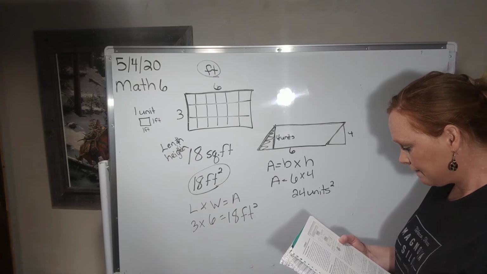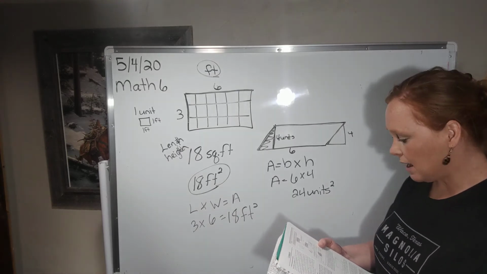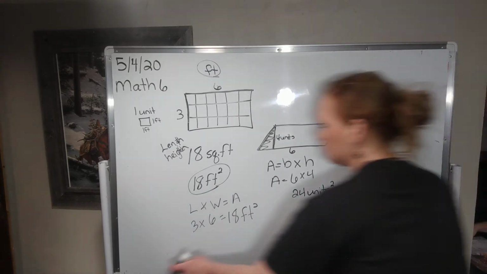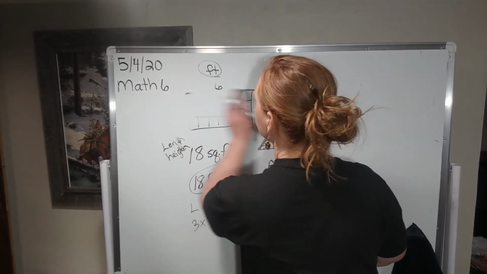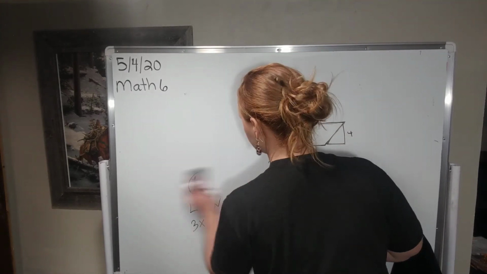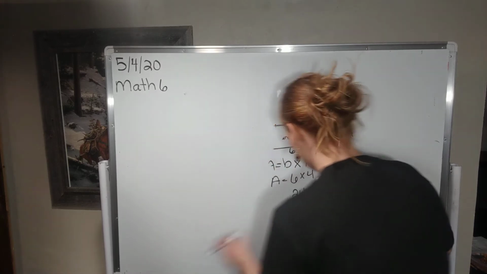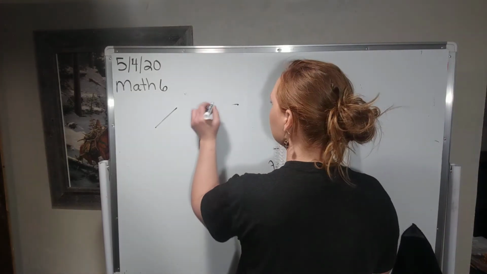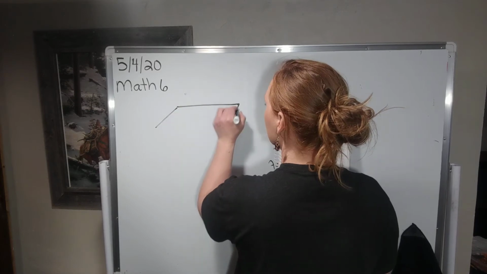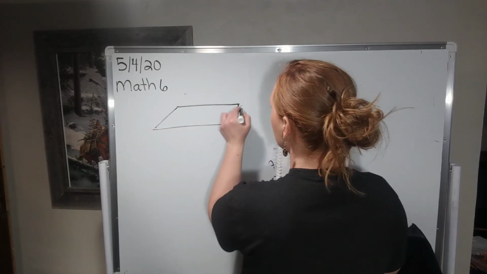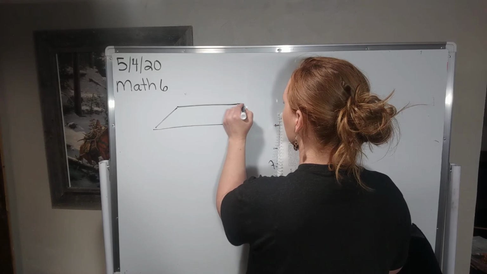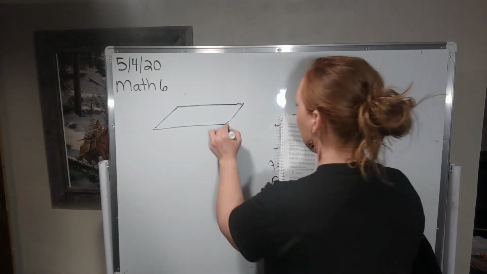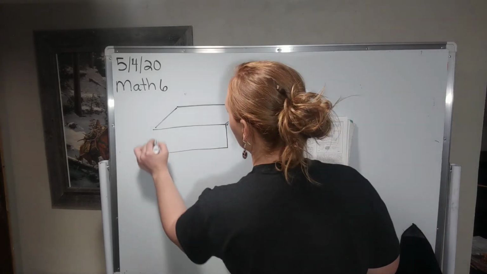All right. Now, let's look down at that last shape that they give us. Let me do some erasing. They give us this shape that has a parallelogram connected to a rectangle.